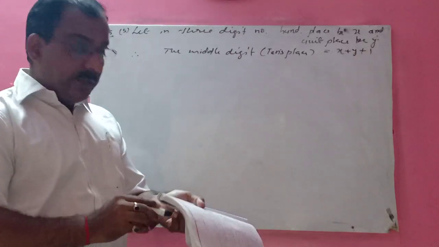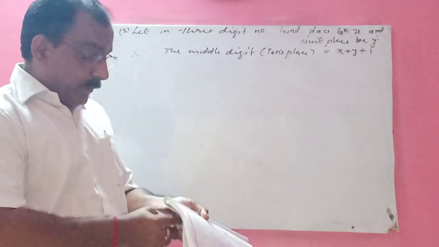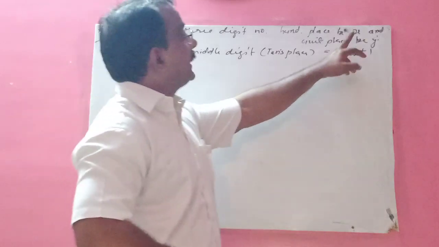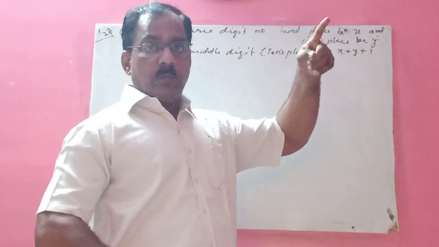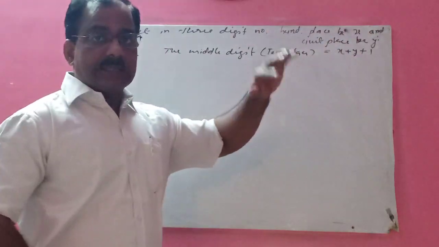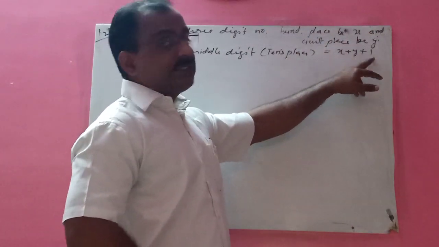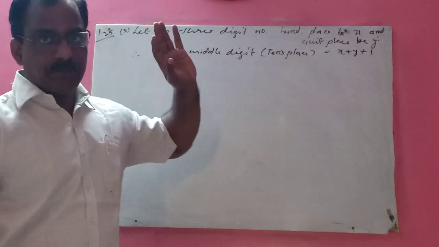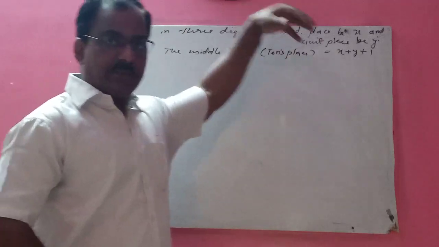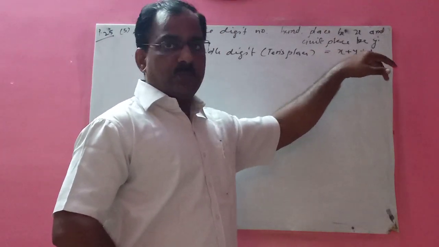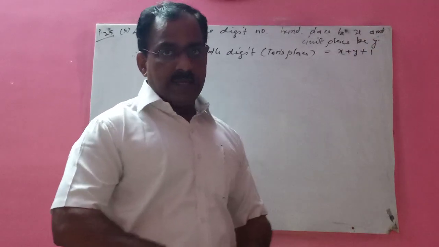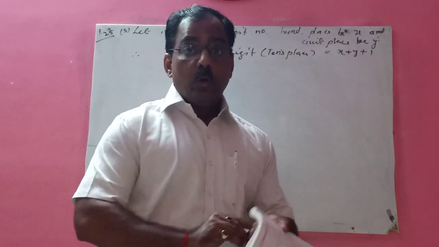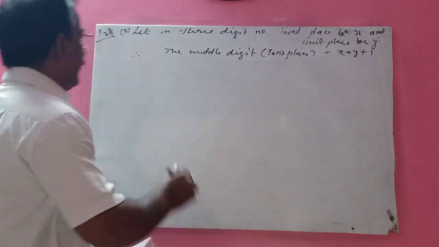In the textbook it is given that the sum of these two is 1 less than the middle one. And what I have taken? The sum of these two plus 1 is equal to the middle digit. So now children, we have tens place x plus y plus 1, unit place y and hundreds place x. So we will find out here the original 3-digit number.